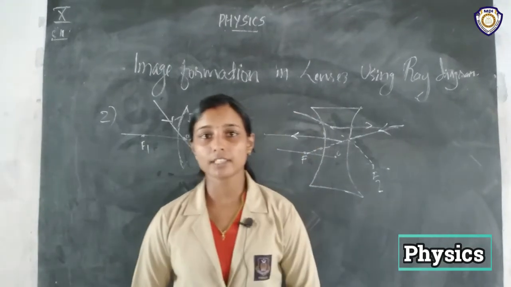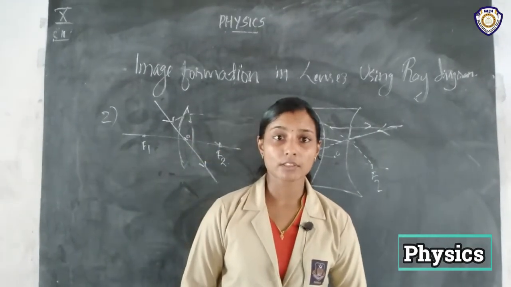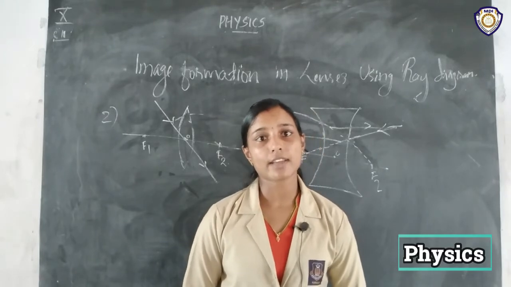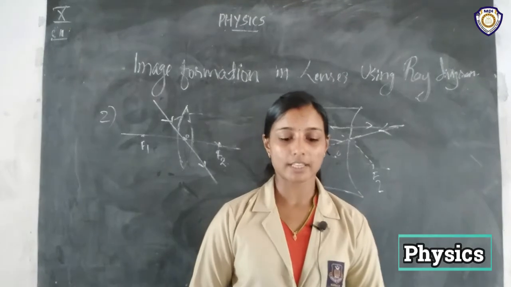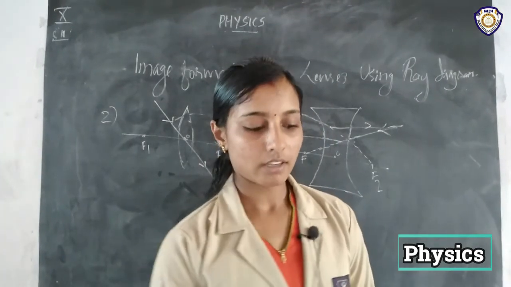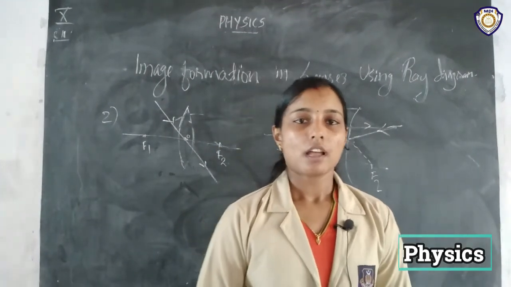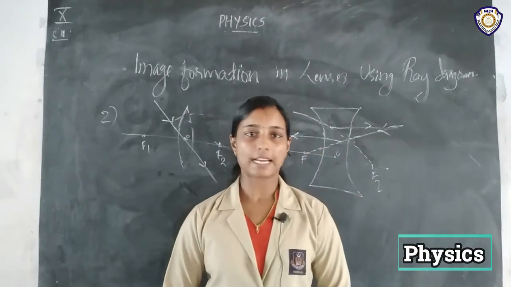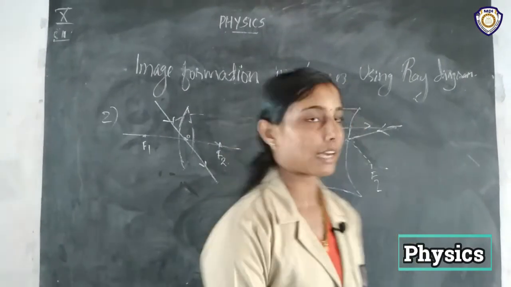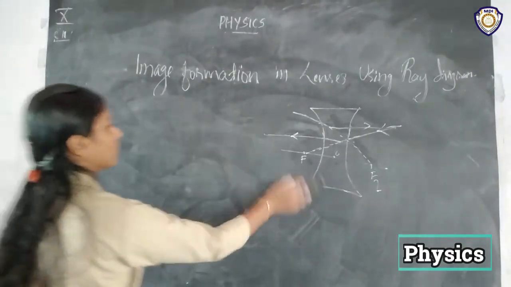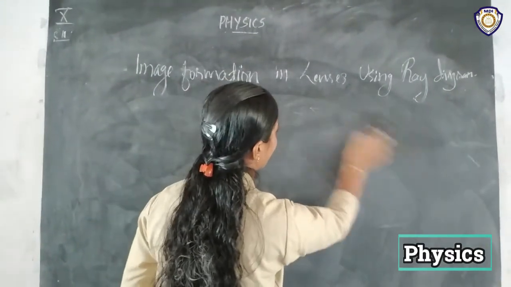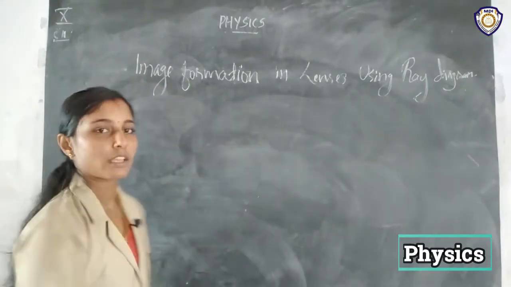And the third one, the light ray passing through the optical center will be refracted without any deviation. So those are the three rules, and using these, we can draw the ray diagrams. So keep in mind all these three rules.